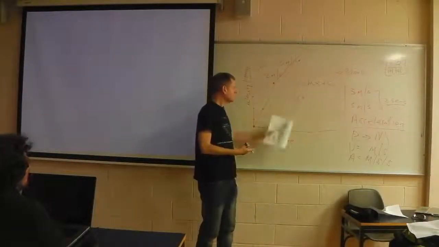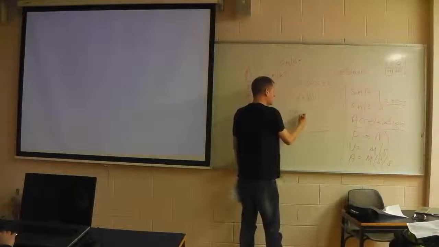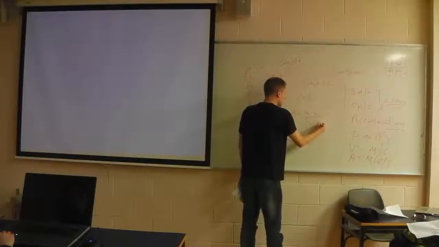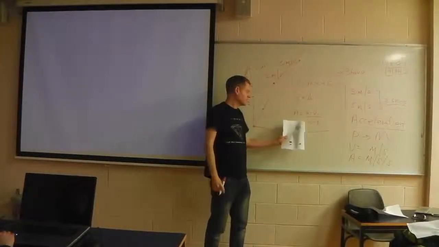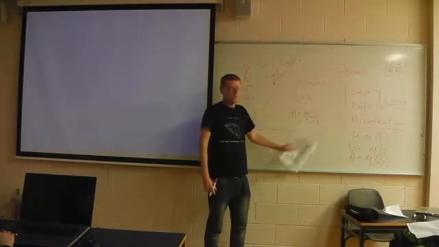So we take this value called m, which we said is acceleration. But up here we discovered that acceleration was equal to v2 minus v1 over t2 minus t1. So it's the ending velocity minus the starting velocity divided by the ending time minus the starting time. And this is the same thing we're doing here.